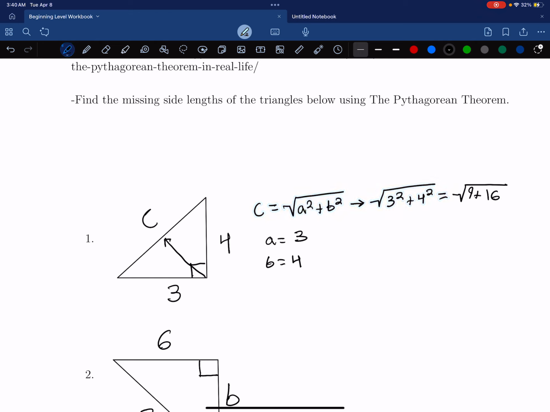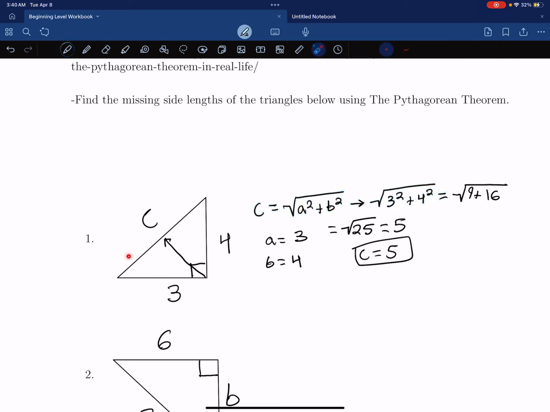And 9 plus 16 is 25. So we have the square root of 25. And if you've seen from the last section, the square root of 25, we think about it, what do we have to square to get 25? And that is 5. So here actually, we can say C equals 5.